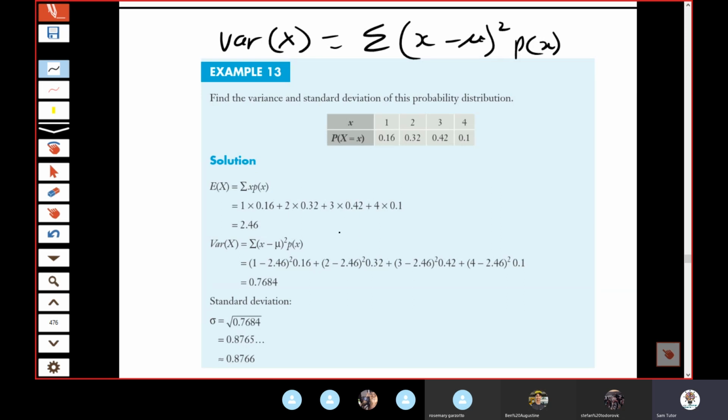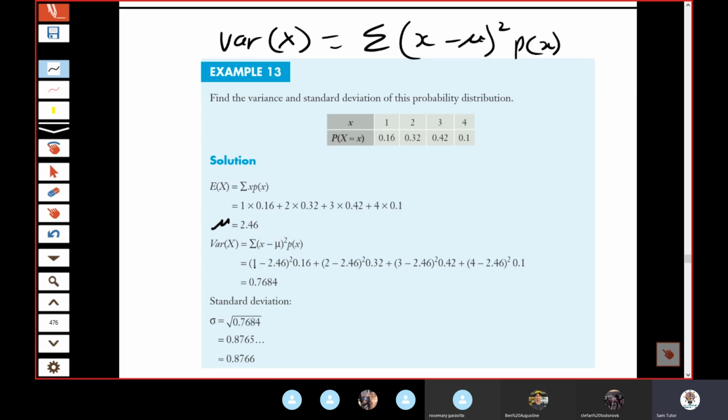You understand that? So once you've got your mu, or your expected value, now we're going to sub it into our variance, which is the sum of your score minus your mean, squared, multiplied by the probability of that occurring. Ready? Here we go.